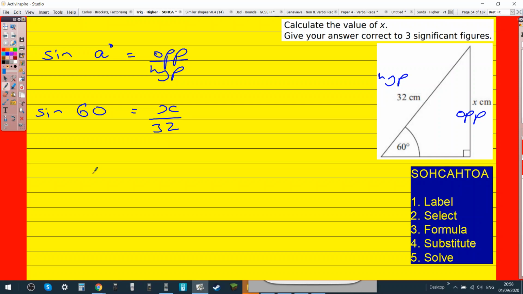So you do sine 60, sine 60, alpha and calc. Yep. And then you do x over 32. Yep.